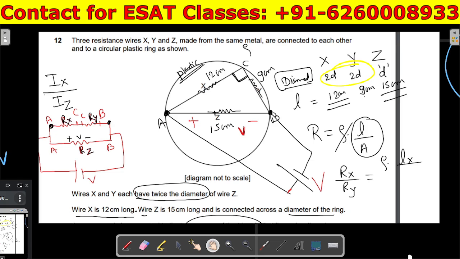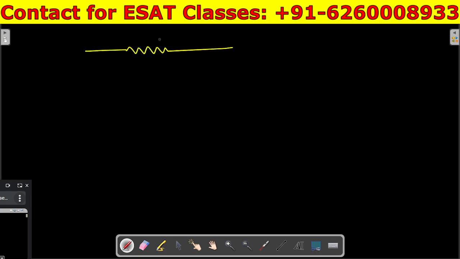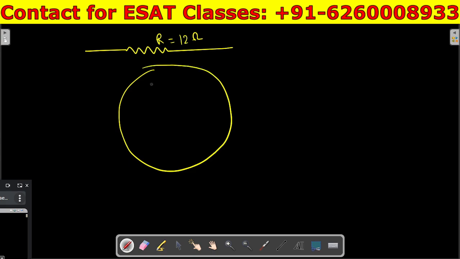If you want, I can discuss another question also here. Can we do the next? Okay, sir. Suppose the question is saying I have a long wire whose resistance is 12 ohm. It is uniformly bent into a form of circle.